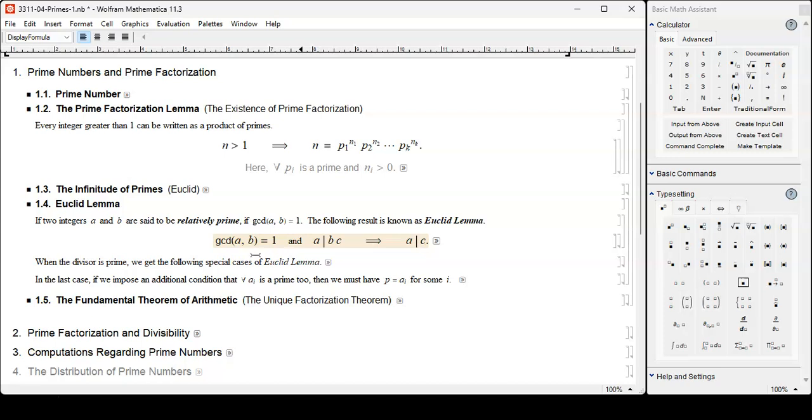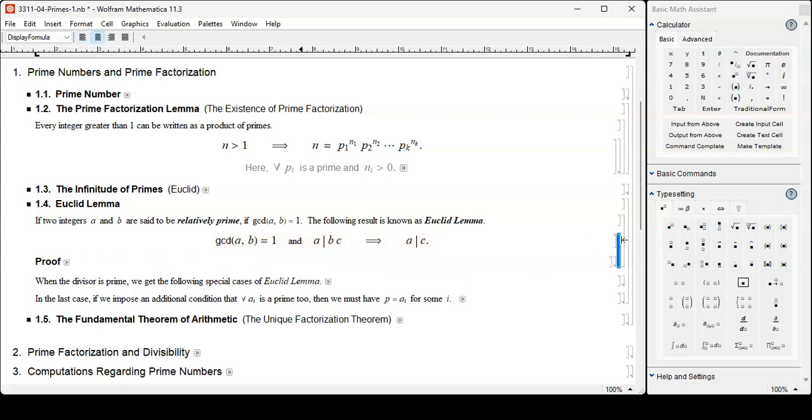The idea is this: relatively prime, so a and b do not share any prime factors. All the prime factors belong to c, so entire a divides c. But of course, you cannot use that kind of proof here because we'll have to use Euclid's lemma to prove the fundamental theorem. So you cannot use the fundamental theorem and the prime factorization to prove Euclid's lemma. We have a circulation of logic.